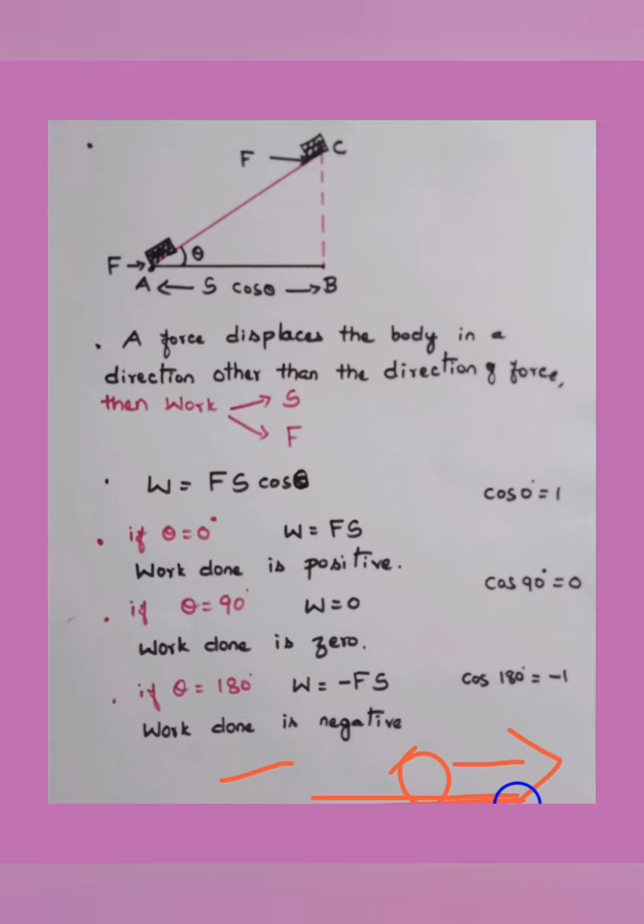The object is moving in this direction, so the angle between the directions is 180 degrees, and hence the work done by the force of friction is negative. Okay, clear. Don't get confused with all these examples. If you get more sources, you can refer to them. Otherwise, remember these angles.